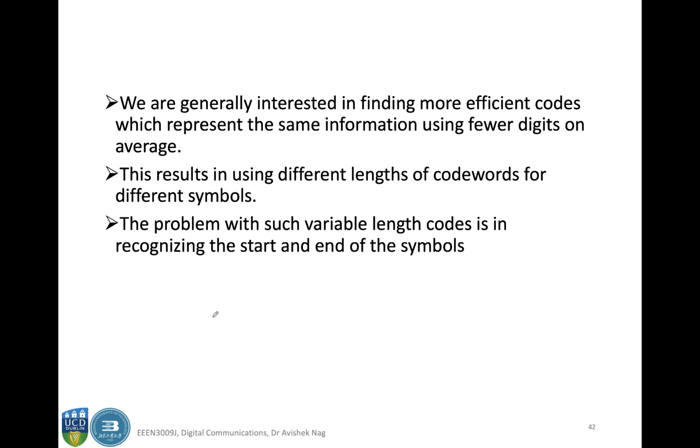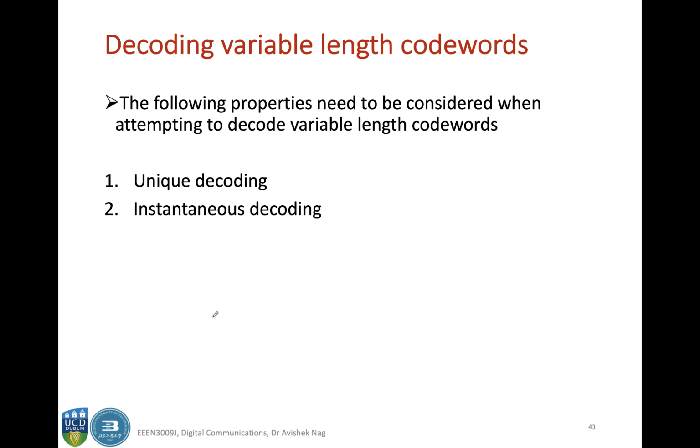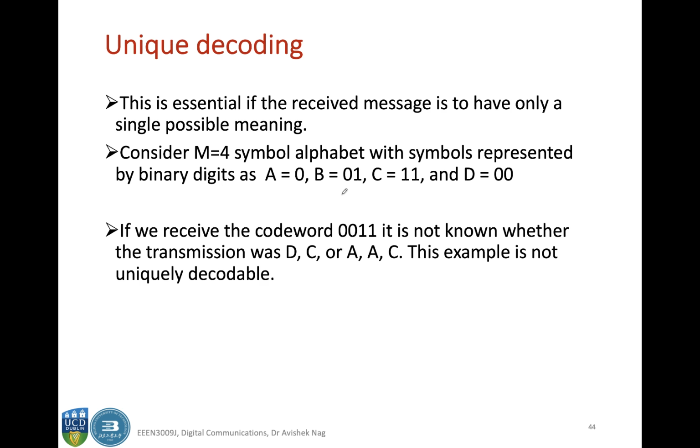So while decoding the variable length code words, the following properties need to be considered when attempting to decode: unique decoding and instantaneous decoding. Unique decoding is essentially if the received message is to have only a single positive meaning. So let's consider M equal to 4 symbol alphabet with symbols represented by binary digits.